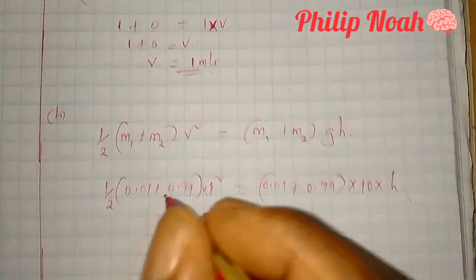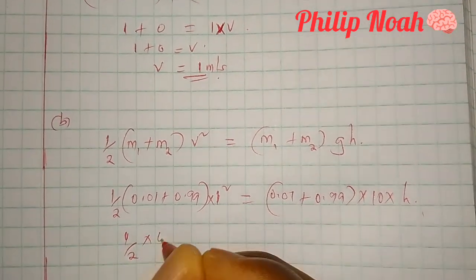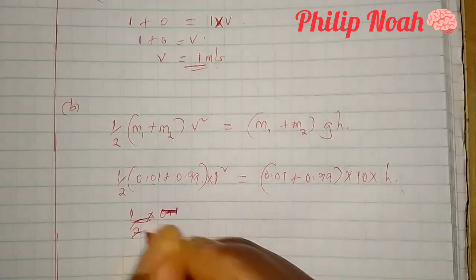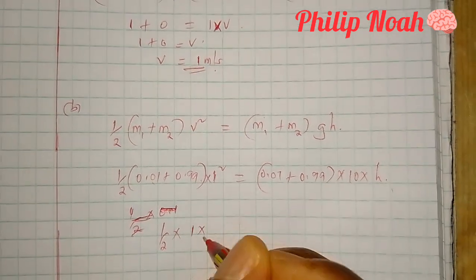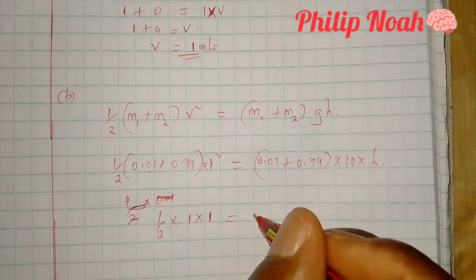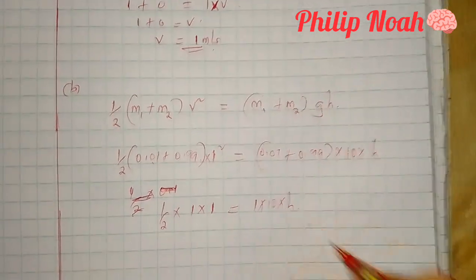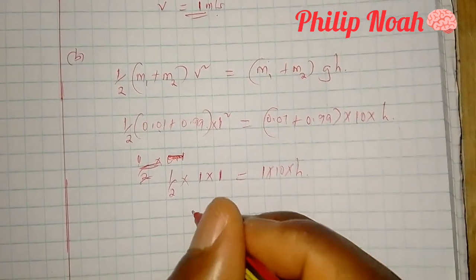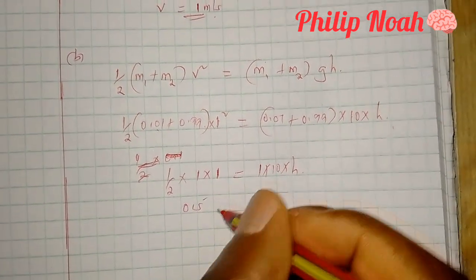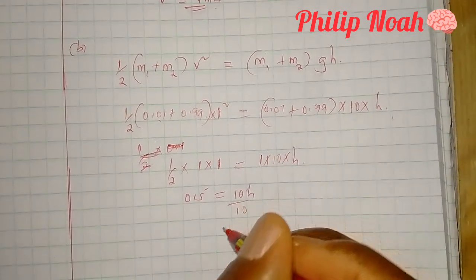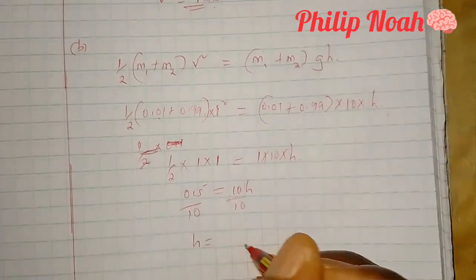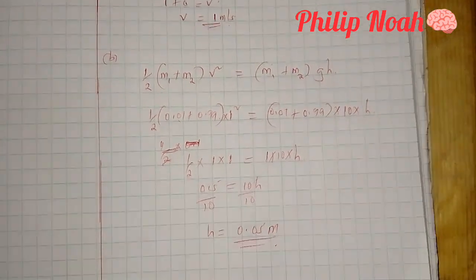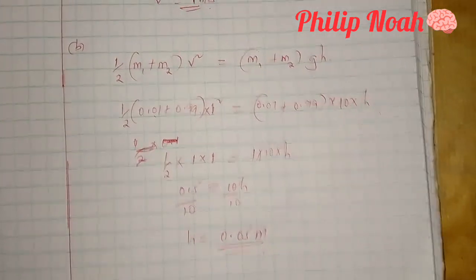So we have a half times 1 equals 1 times 10 times h. This gives 0.5 equals 10h, so dividing by 10, h is equal to 0.05 meters. Hope you understand.